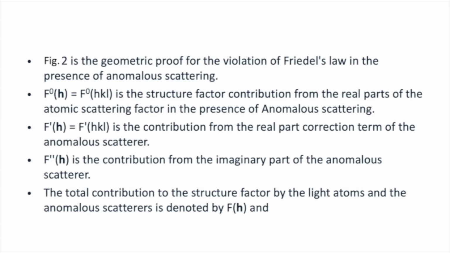So we see the violation of Friedel's law geometrically. I have given the explanation of what you mean by F naught H, F prime H and F double prime H. The total contribution to the structure factor by the light atoms and the real part of the anomalous scattering is denoted by F of H.